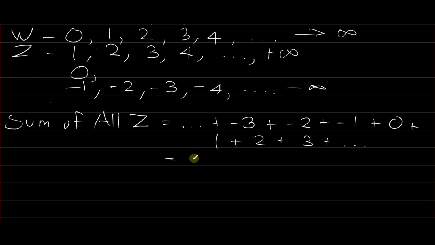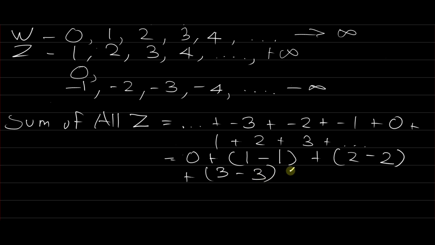We can take 0 here, and then group 1 and -1, 2 and -2, 3 and -3, 4 and -4, and so on. We can group every number in it.